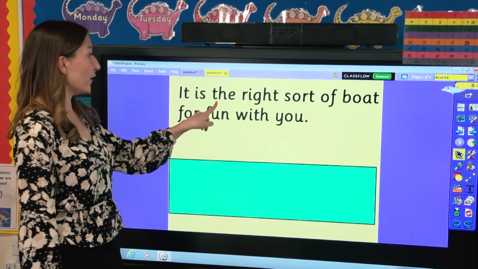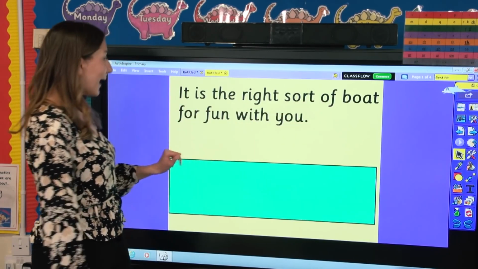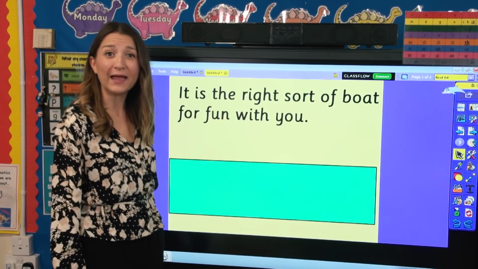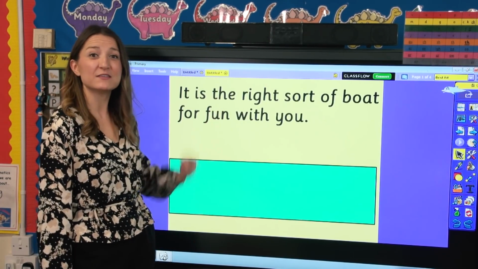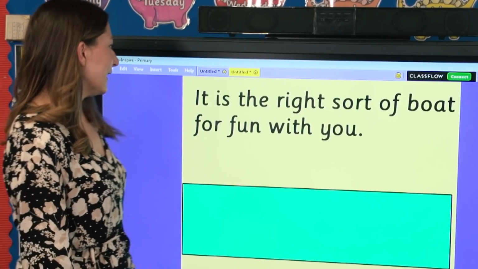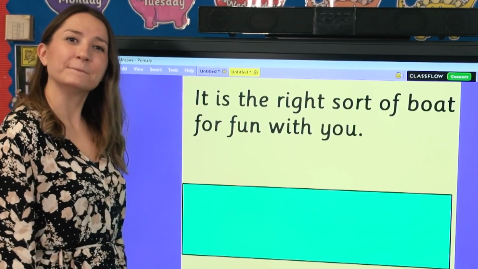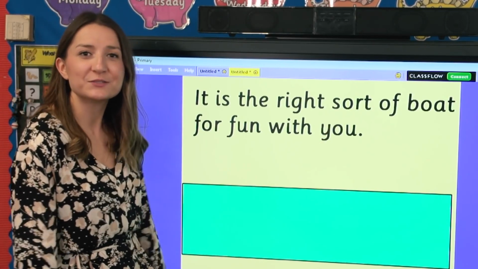Yes, the, right, boat and with all have digraphs or trigraphs. The is a tricky word that we already know. Can you see the tricky word we learnt to read today? Yes, you is our tricky word.